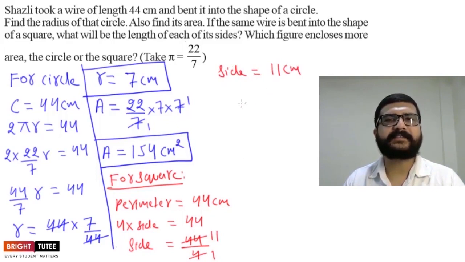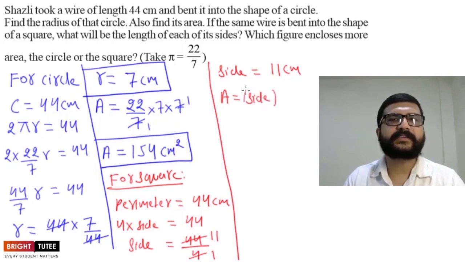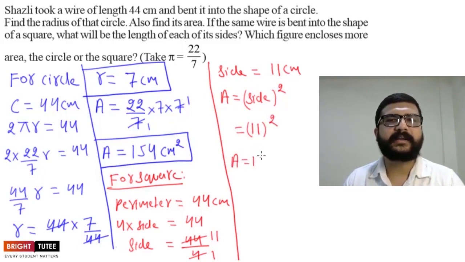Now if side is 11 centimeters, what we can say about the area of the square? If side is 11, then area of the square is, as we know, area of a square is side square. So therefore it will be equal to 11 square. Now 11 square means area is equal to 121 square centimeters. This is the area of square.